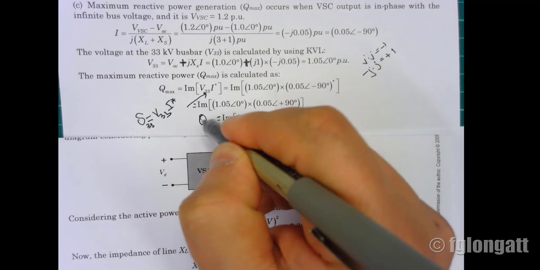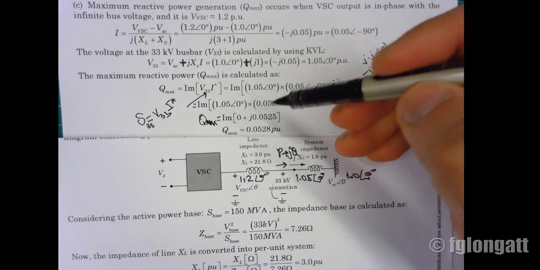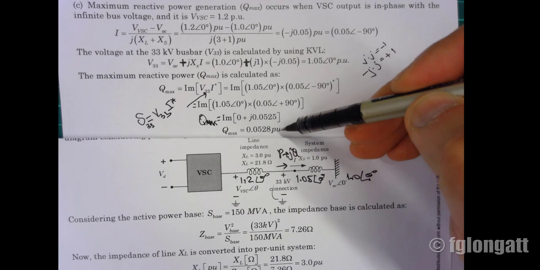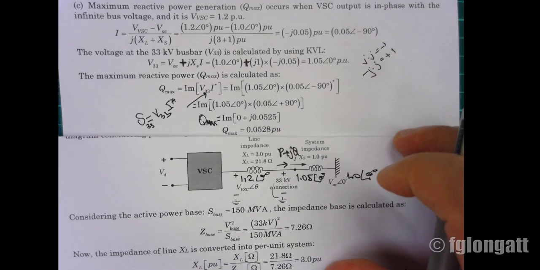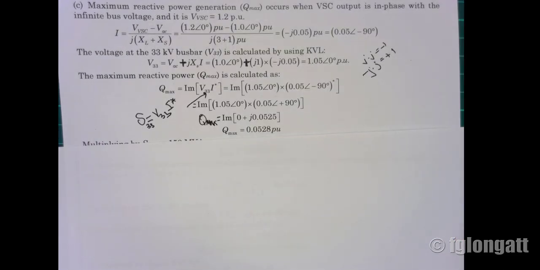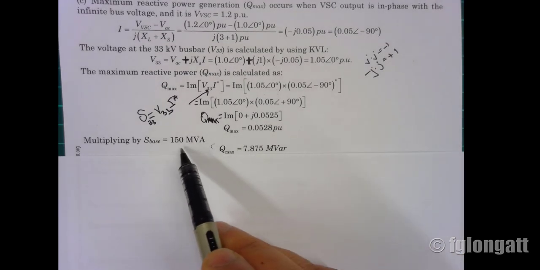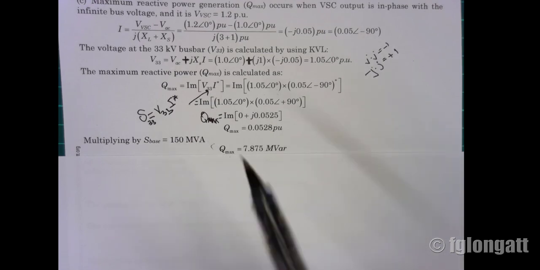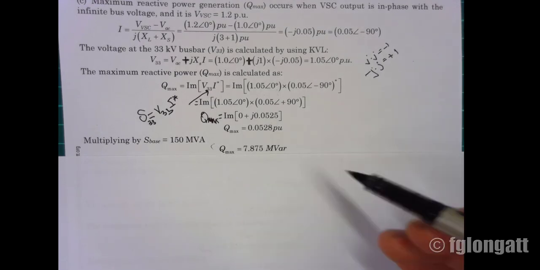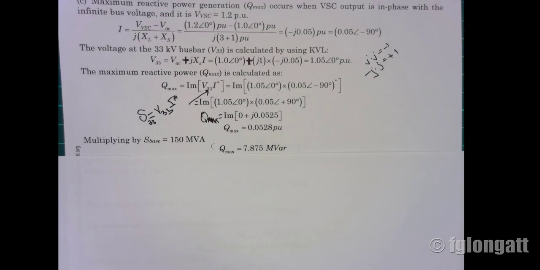Okay, this is Qmax. Now taking the imaginary component, that is the reactive power output. And now multiplying by the base, and you must remember that we are using 150 MVA as a base, we obtain that the maximum reactive power is 7.875 MVAr.